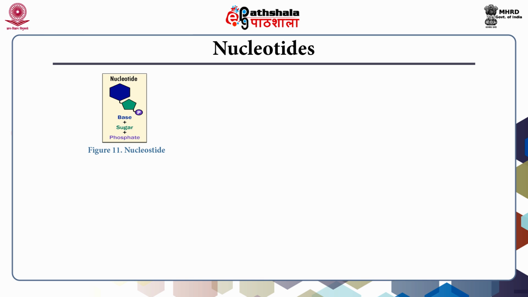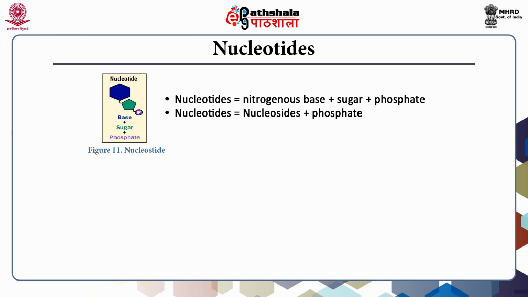They function as building blocks of nucleic acids. To make it easy to understand, if a phosphate is added to a nucleoside, it becomes a nucleotide. So, a nucleotide can be written as nitrogenous base plus sugar plus phosphate, or nucleoside plus phosphate.